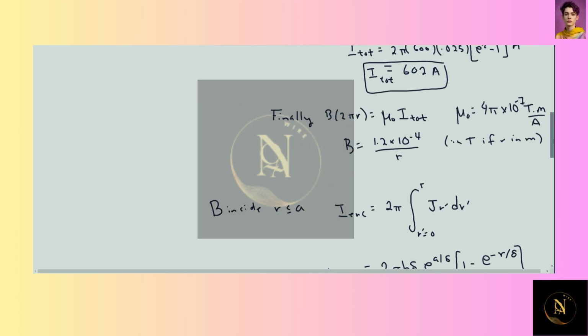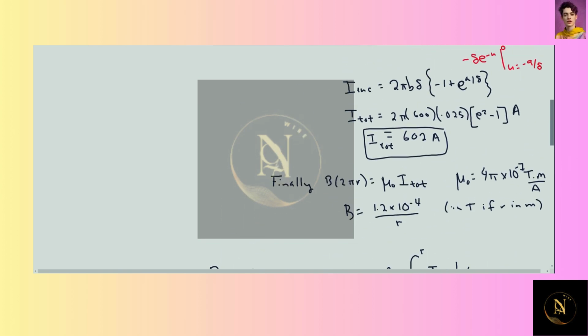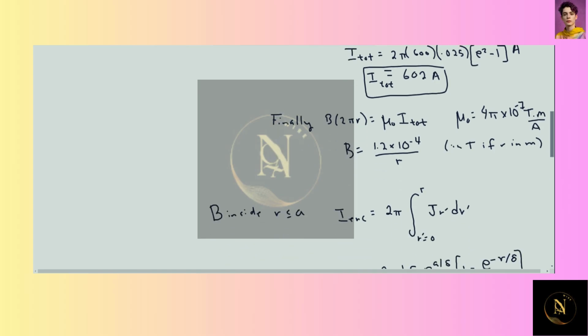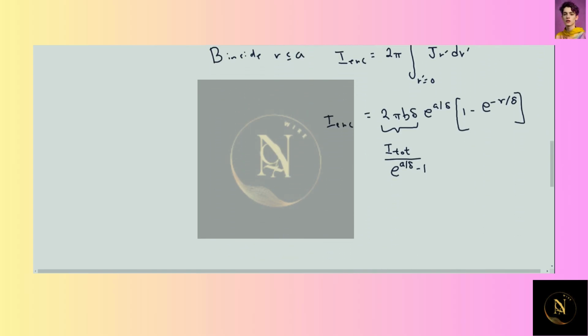So yeah, if you go back there and look, you just divide out the weird exponential part. And so our final I enclosed is going to look kind of ugly, but we're going to numerically evaluate it. So not a big deal.